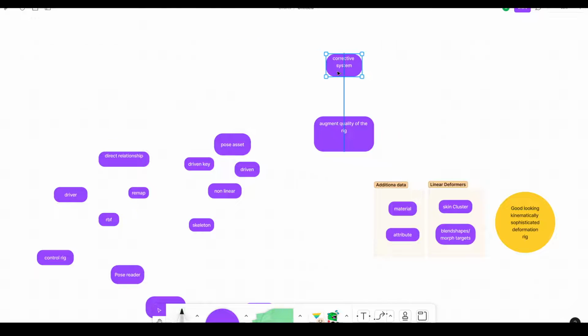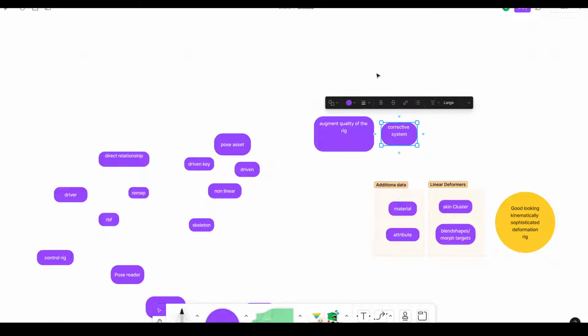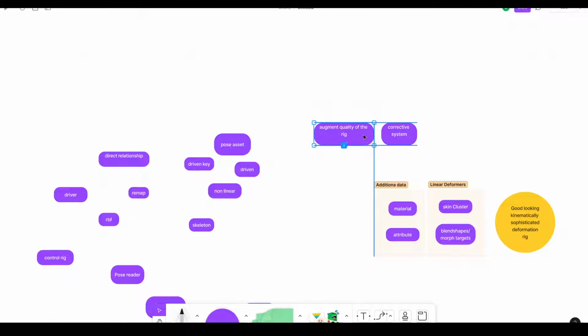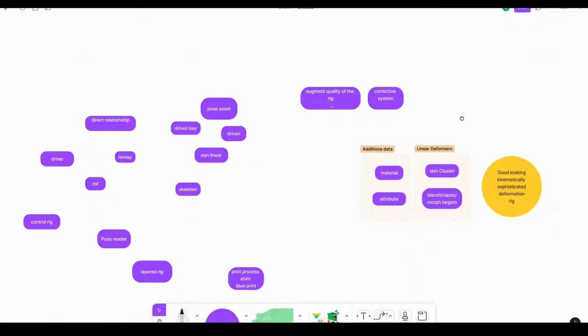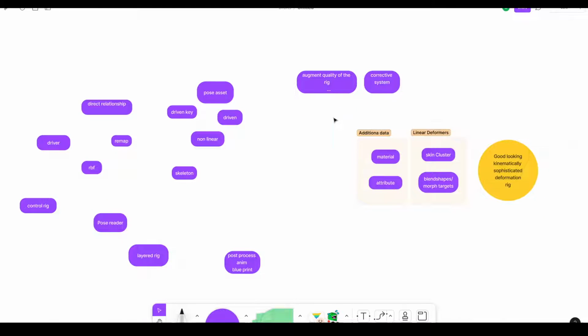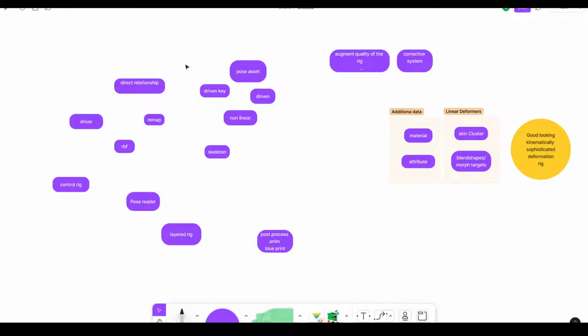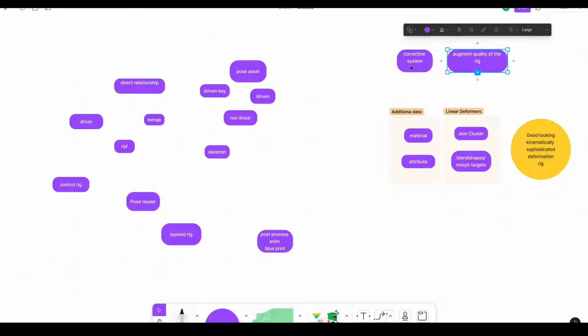Another goal could sit under the name of building a corrective system, and we're going to see what a corrective system is. So in general, starting from the very end, if this is the goal and this is the implementation that you need to use, what you need to figure out is a way to build a system that allows us to augment the quality of the rig.